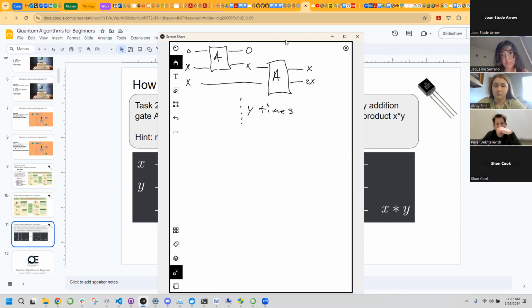But the rough idea is you start with y x's, and you add them in this kind of descending pattern, so that by the time you get to the bottom, you've added x to itself y times, which is the definition of multiplication. That's perfect. Very good. Okay.